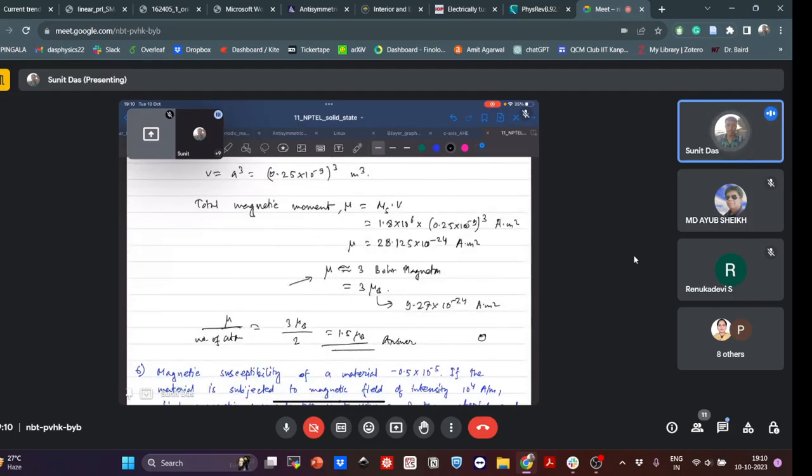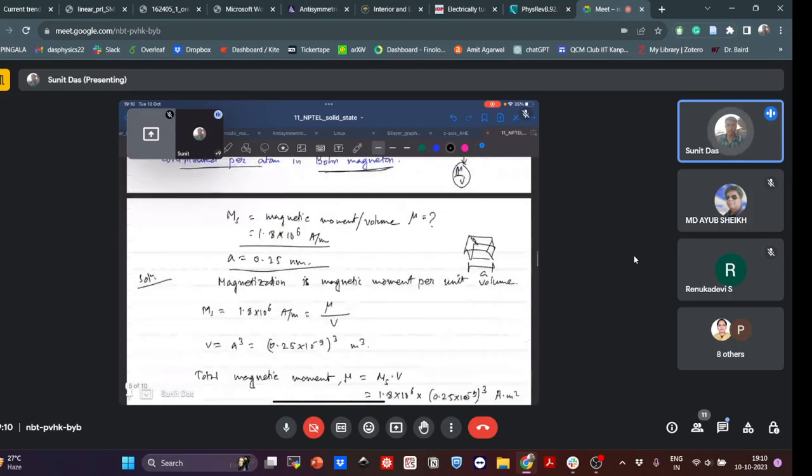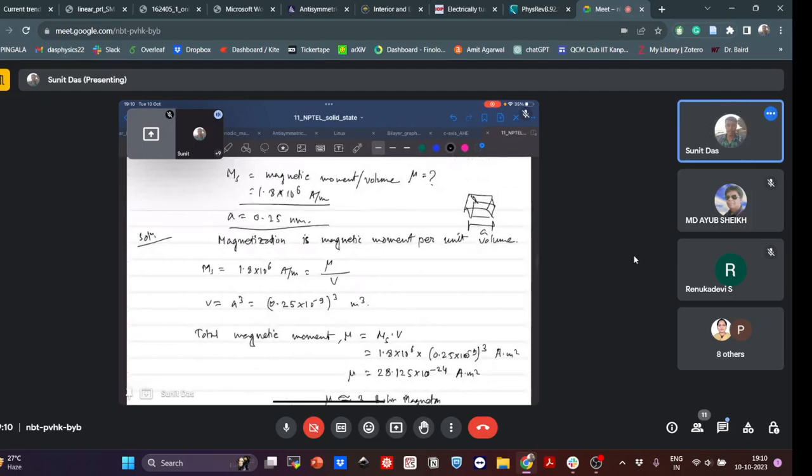So this atom contributes 1.5 Bohr magneton of magnetic moment, but this is not really the contribution divided by volume. That's a bit confusing, so I am explaining that again.